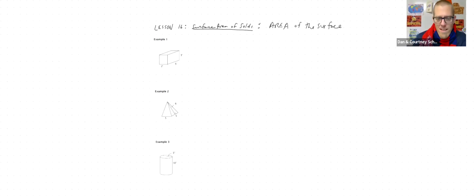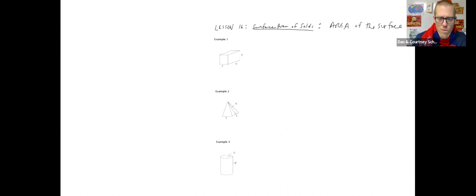Okay, I'm gonna give a slightly different definition of surface area. I want you to write this down, even though Maimona's is pretty great. I'm not denying that Maimona's is great. I just also want you to think about this. It is the combined area of the outside surfaces of a three-dimensional shape.